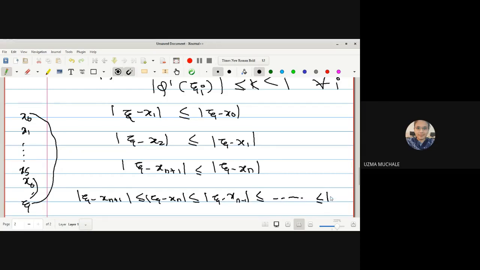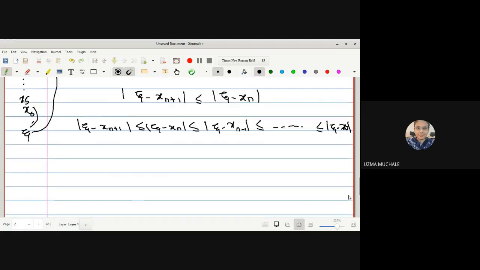What will be the last one? Zeta minus x1. So the difference zeta minus x naught is the largest one, because that is the zeroth approximation we have chosen. As you increase the number of iterations, you will reach closer and closer to a root of our equation.